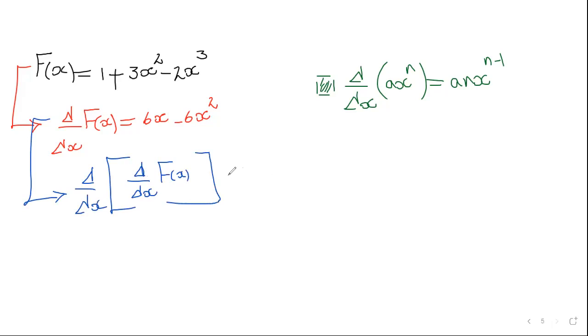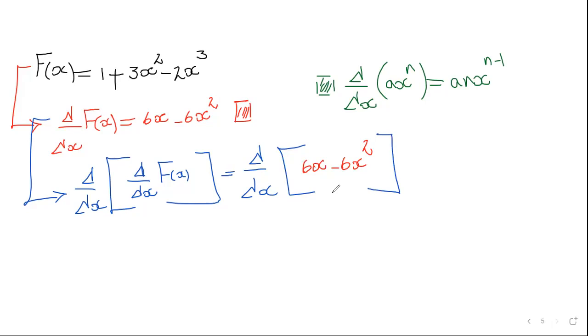Can I do that? Then you say, wait a minute. I keep d over dx outside, and instead of d over dx of f of x, I write its equivalent from the upper line, which is 6x minus 6x squared. That's what we plan to do. So far, it's so obvious. The first derivative, d over dx of f of x, is given at the prior step.